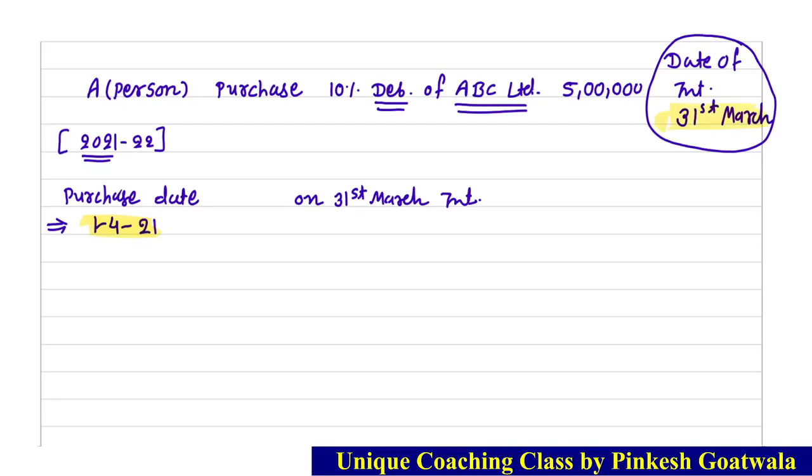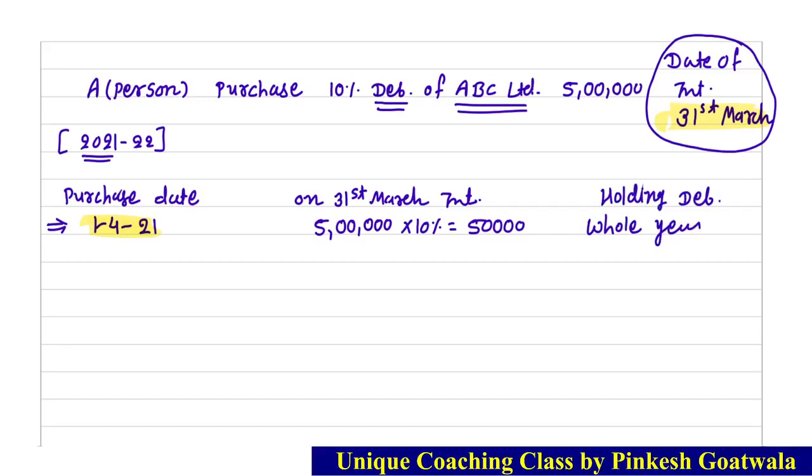So he will get interest for the whole year, 5 lakh, 10% means 50,000, because he is holding the debenture for the whole year. So he will get the whole year interest.